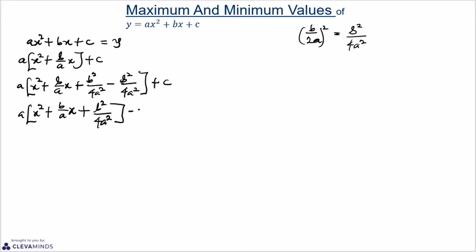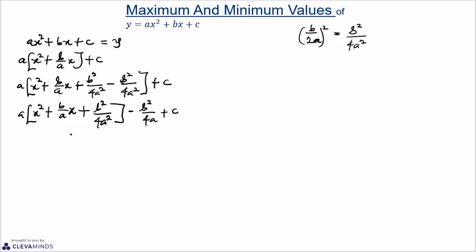Negative what? b squared over 4a plus c. Meaning I've used this a to divide this 4a squared. I didn't use it here, so I still have it in this expression. Do you understand? Good. This a has cancelled this a, so I have this left. Now outside the bracket. Good.